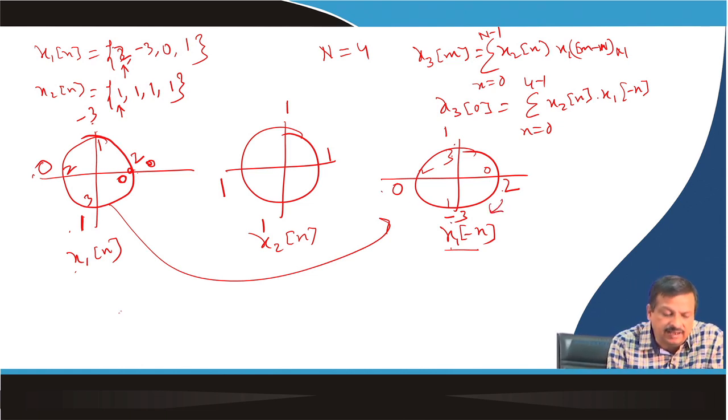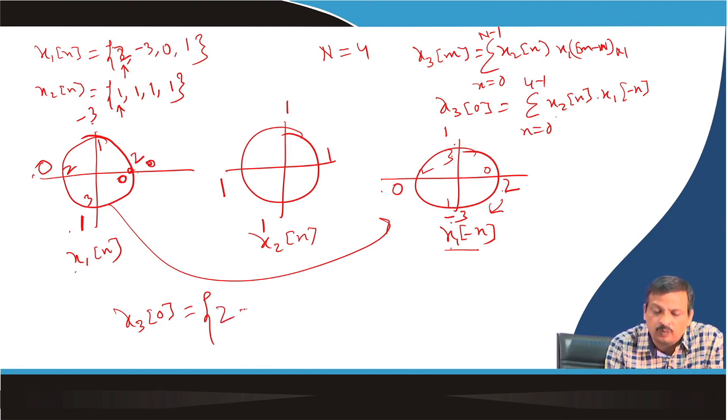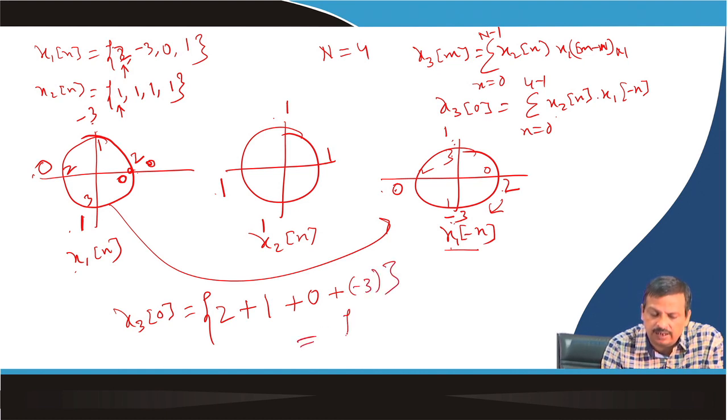Now x3[0] is the sum of the product with x2[n]. So, 1 multiplied by 2 is 2, plus 1 multiplied by 1 is 1, plus 0 multiplied by 1 is 0, plus minus 3 multiplied by 1 is minus 3. It is nothing but 2 plus 1 minus 3, which is equal to 0.